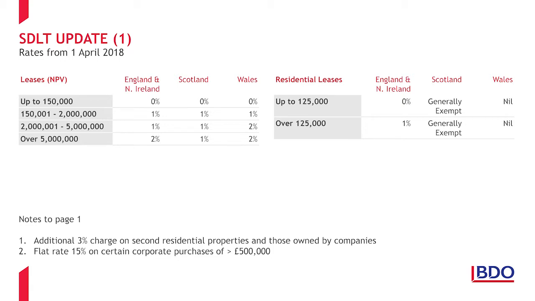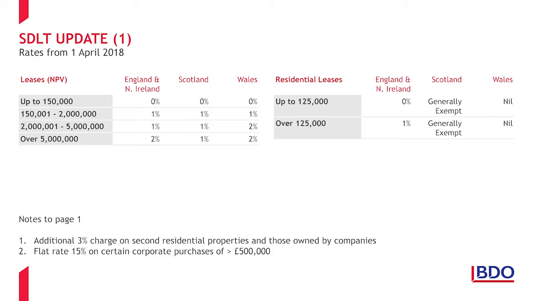Turning to leases, again there are minor variations between SDLT in England and Northern Ireland, LBTT in Scotland and land transaction tax in Wales. Interestingly, when it comes to residential property in Scotland, leases are generally exempt and there is no LTT in Wales.